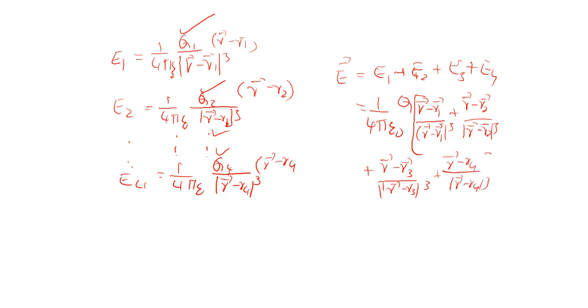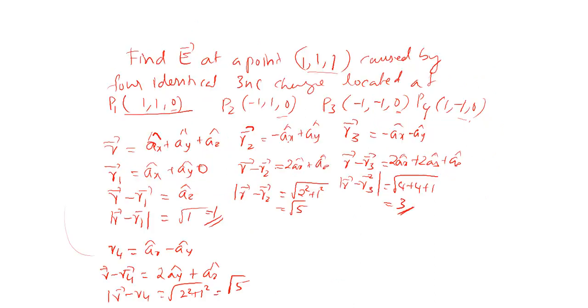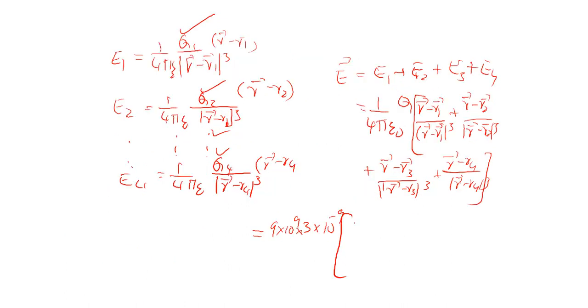So if you add all these values, what you will get: 1 by 4 pi epsilon 0 is 9 into 10 raised to 9, 3 nanocoulomb is 3 into 10 raised to minus 9, into we'll add all these terms. So r minus r1 is az cap divided by 1 cube, plus the next term, r minus r2.